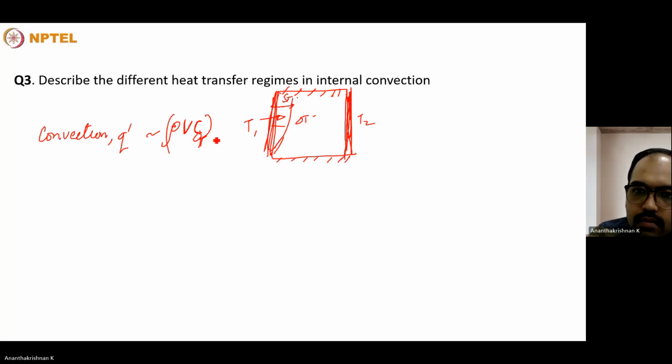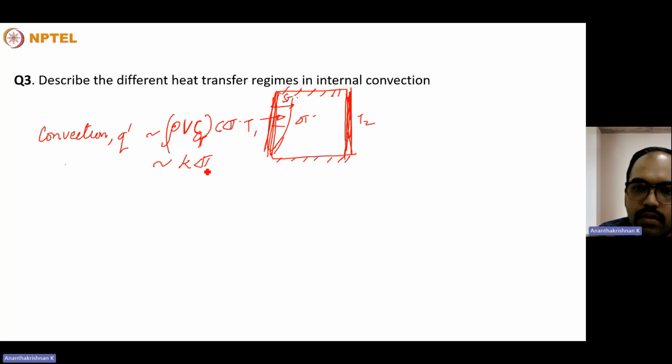Then C into delta T. So this could be scaled as K into delta T, divided by, so this is the flow rate per unit length. So this is the heat transfer rate per unit length.